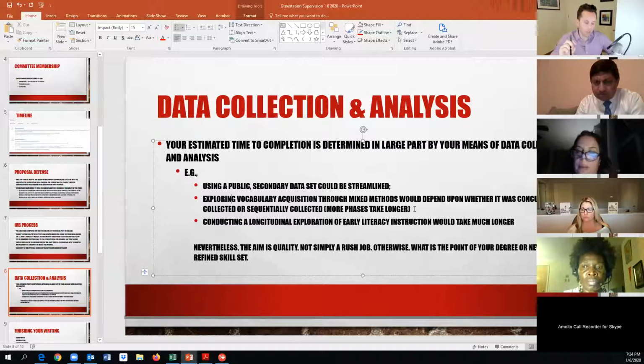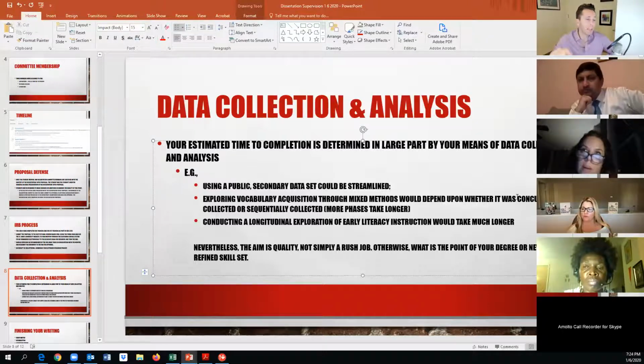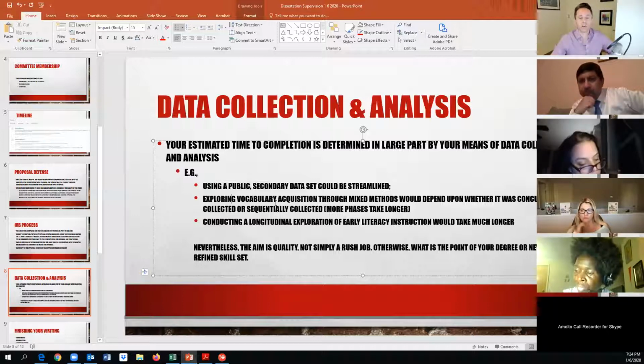But let's say that you collect the data concurrently, both qualitative and quantitative. That could actually speed the overall study up, versus a sequentially collected study where there are multiple phases, and so forth. Again, it's not necessarily relevant to your study. I'm just teasing some options out here.